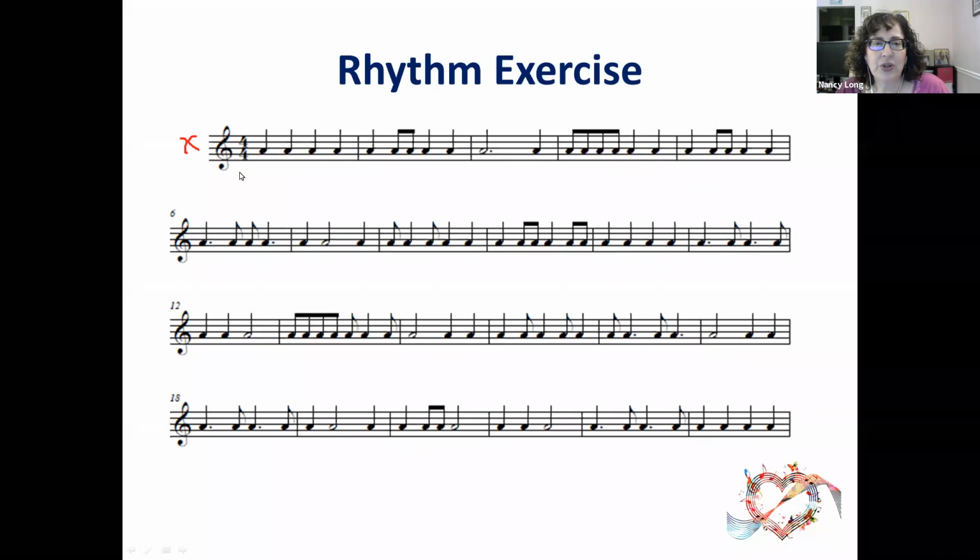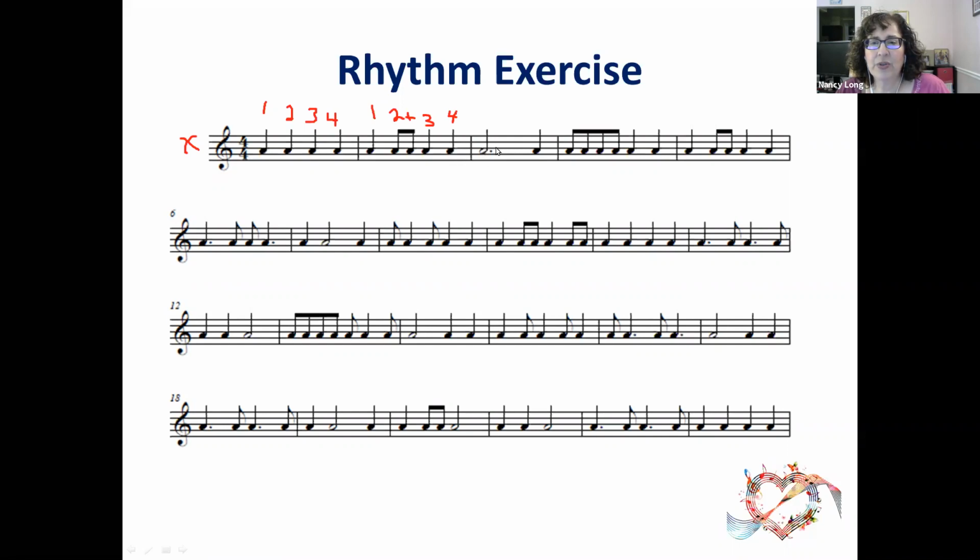This is our time signature, which is 4 quarter notes to the measure. So here we have 4 quarter notes in this measure. That's a full measure. Just even quarter notes, 1, 2, 3, 4. Then we have this next measure, there's a quarter note, and then there are 2 eighth notes. We would say 1, 2, and 3, 4.